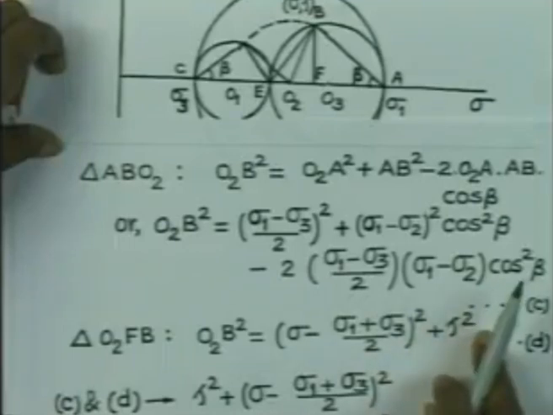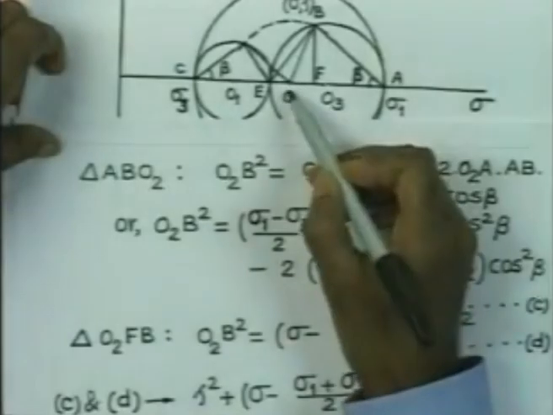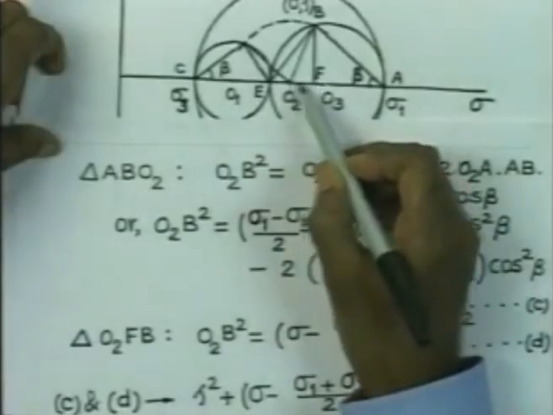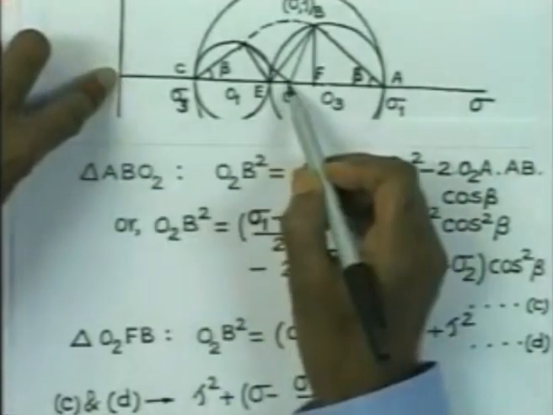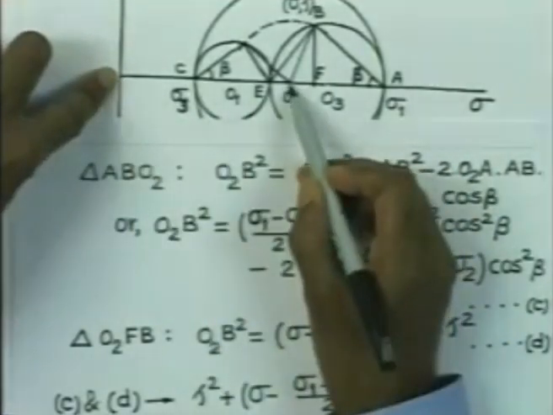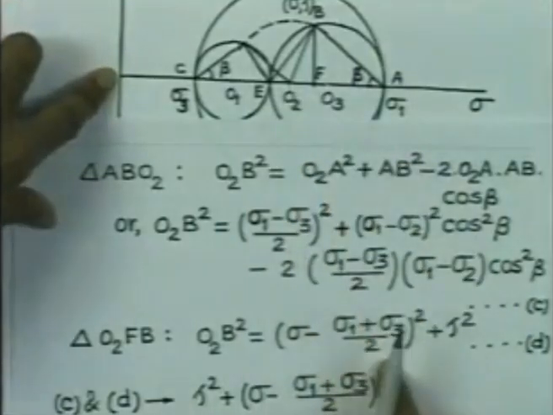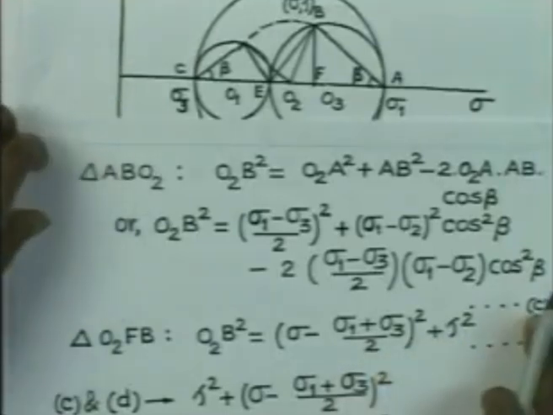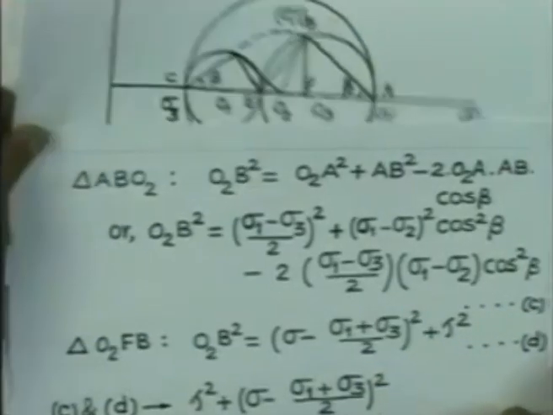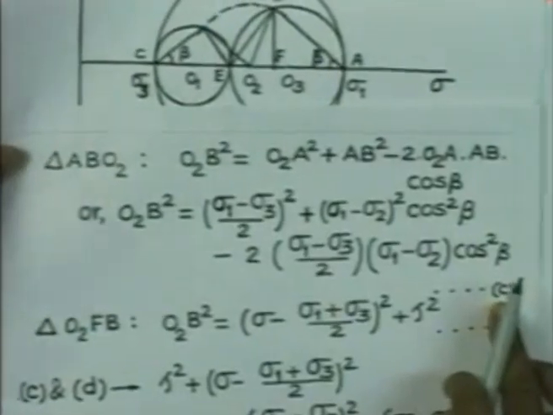So, that is tau square. Please note that from here to here is sigma, and from here to here is sigma 1 plus sigma 3 by 2. So, if we subtract, it is going to be sigma minus sigma 1 plus sigma 3 by 2 whole square plus tau square.